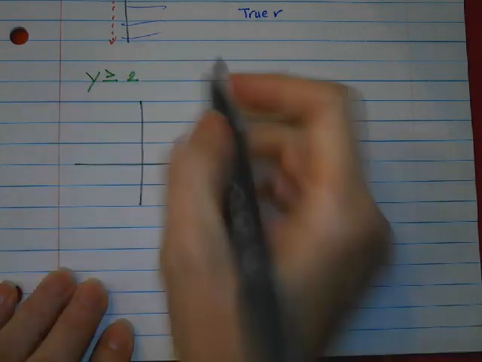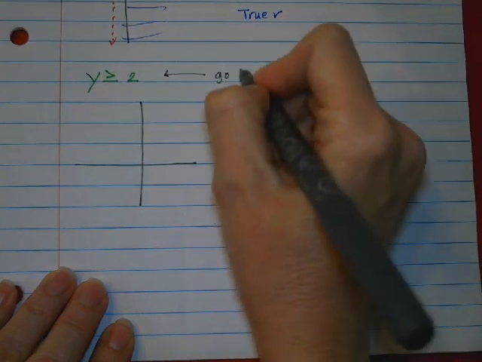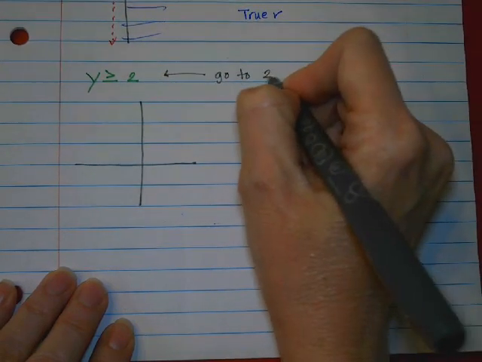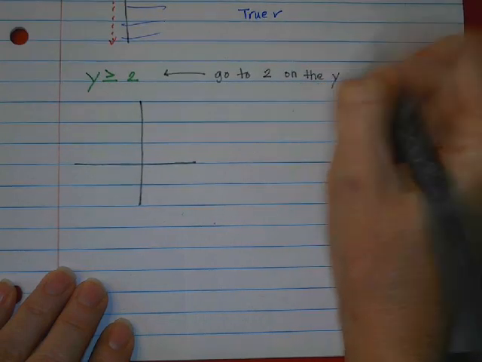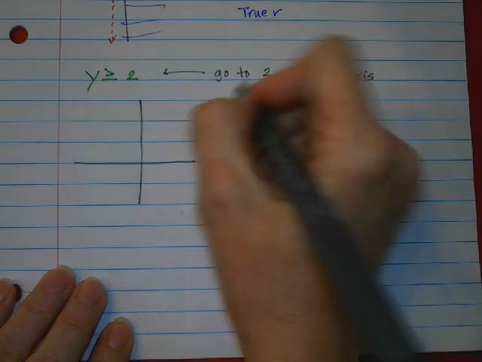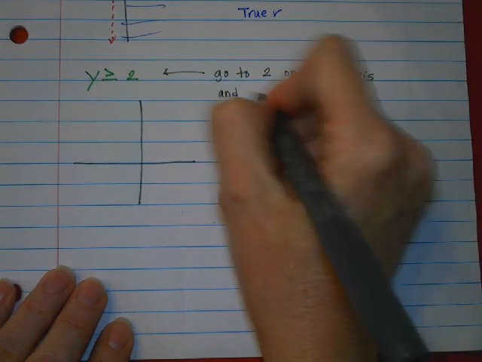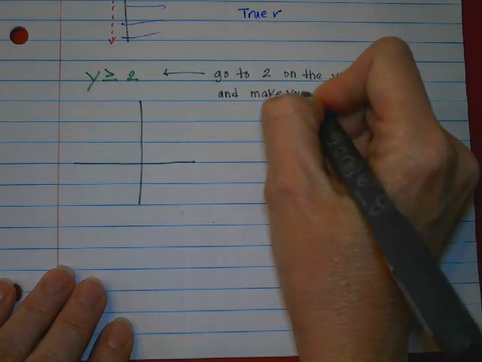Since we only have a y value, we will go to positive 2 on the y axis and make your first point.